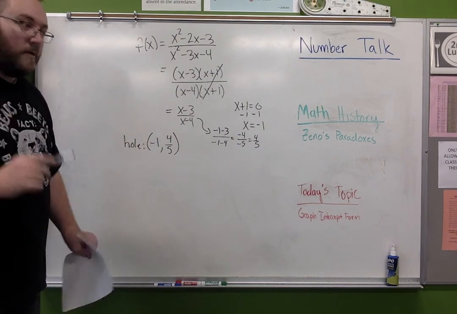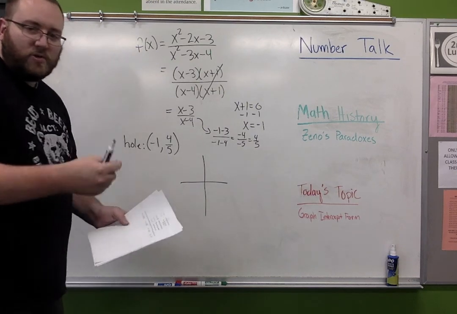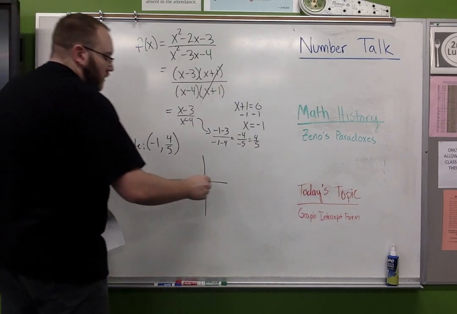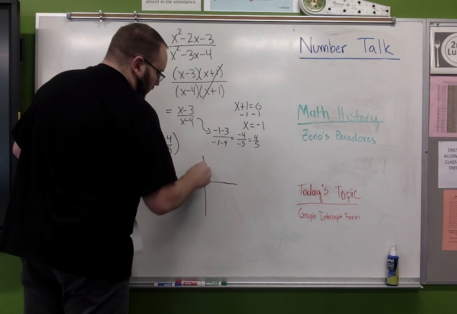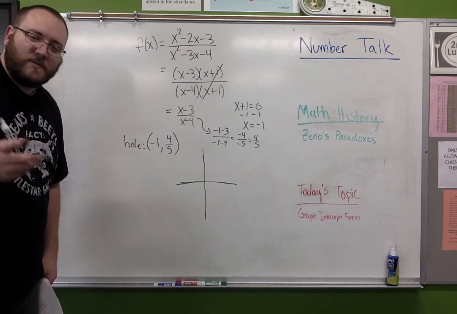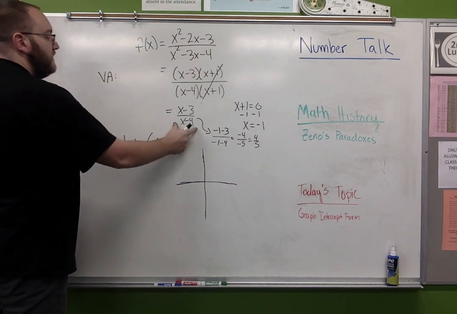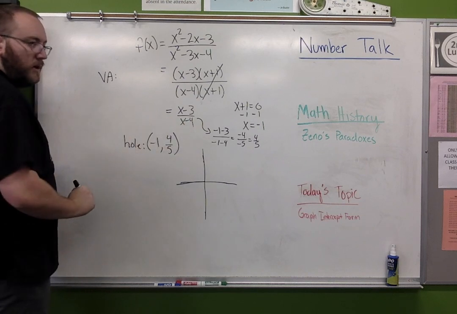Okay. If I were to plot this, and I gave you room at the bottom so you could draw this with me. Let's find the vertical asymptotes and horizontal asymptotes and graph those too, huh? So vertical asymptote, I look at the simplified form, set it equal to 0.